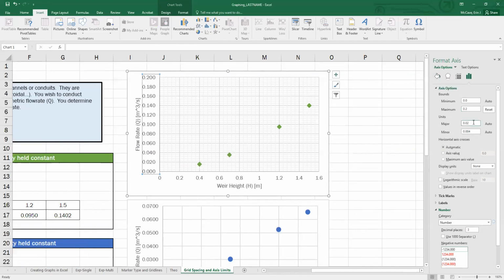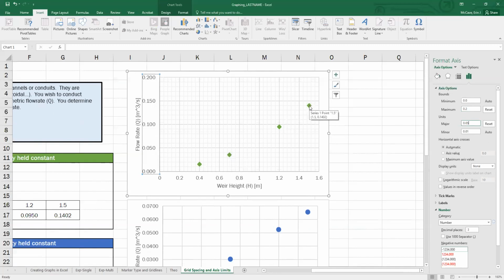So maybe for our major, instead of increments of 0.02, we go in increments of 0.05, so that our minor grid lines occur so that our data points also occur on every single data point that we have.